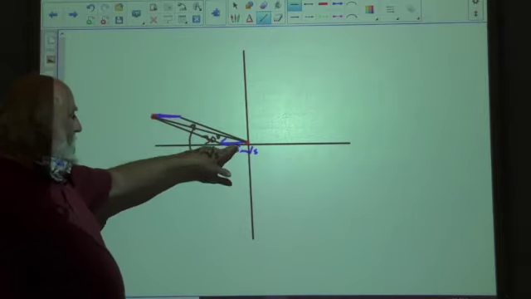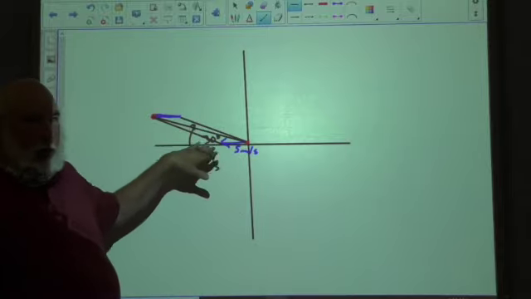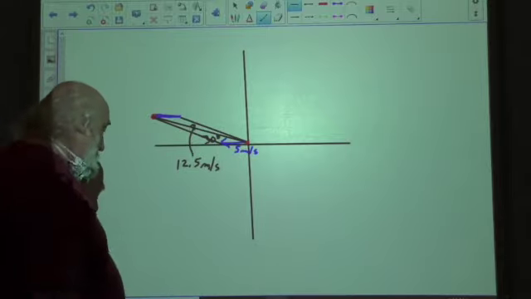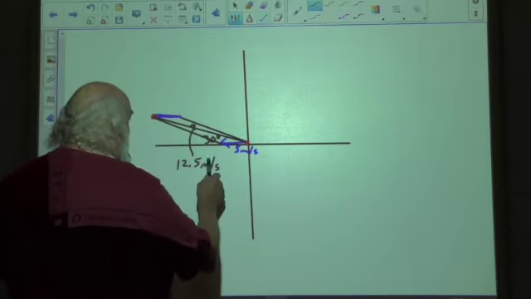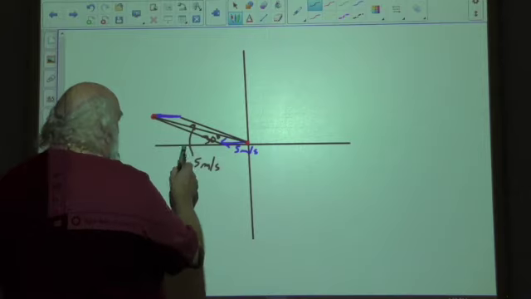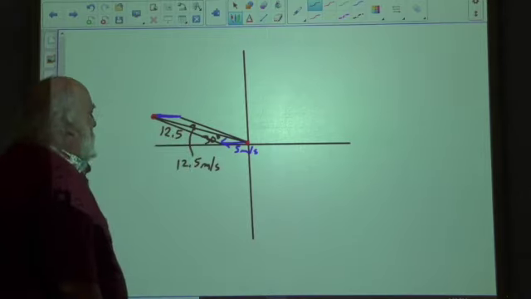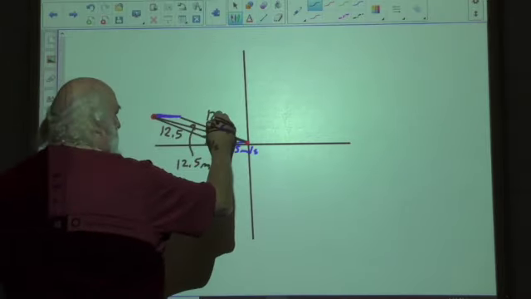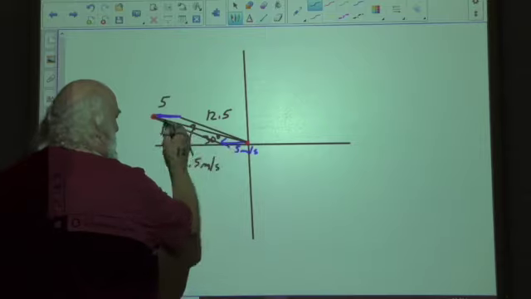Since this one is right on the direction, this is the triangle I want to use. So I have 5 here, and I have 12.5 here. I'm picking this triangle right here.